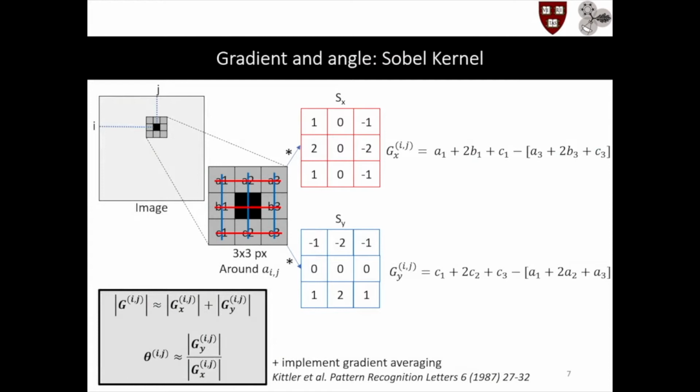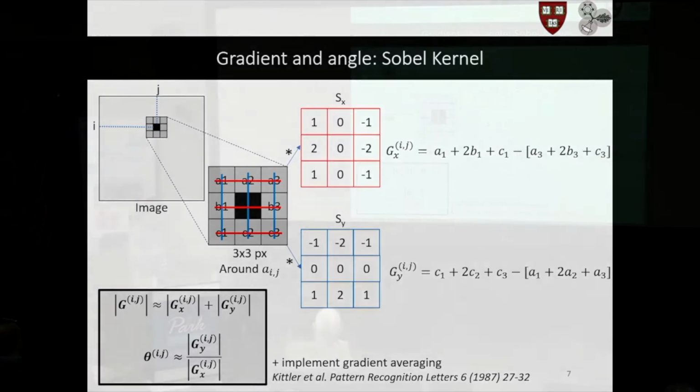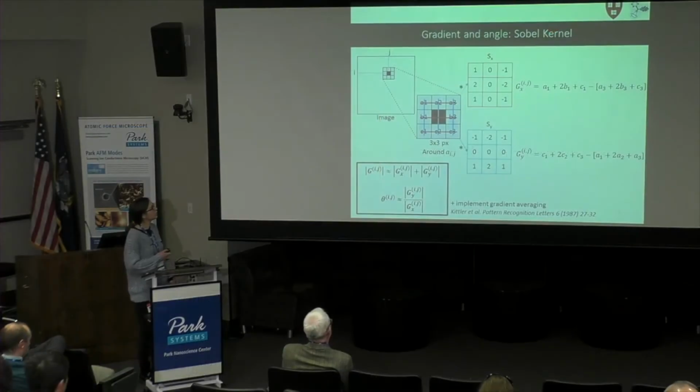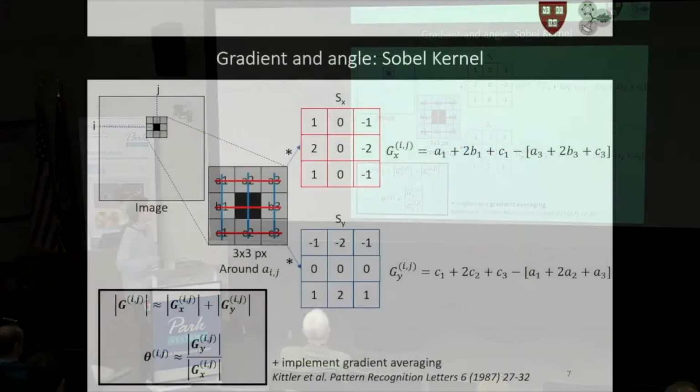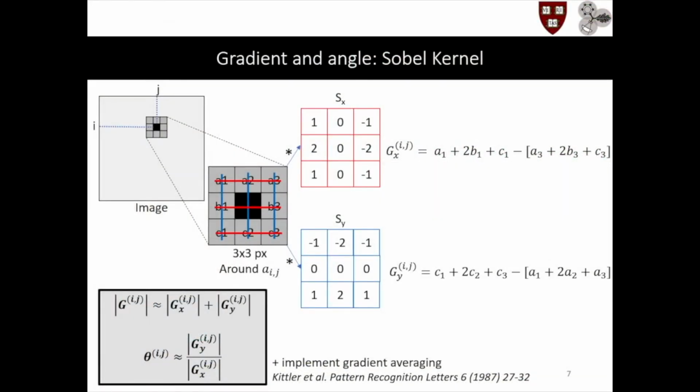Those are the pixels, and this looks very much like a numerical derivative. Then we scan this operation all over the image, and we can calculate the local gradient and also the angle of that gradient. We get a spatial distribution of both those quantities.